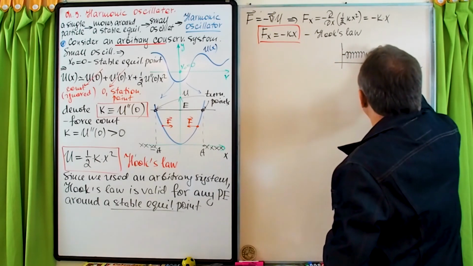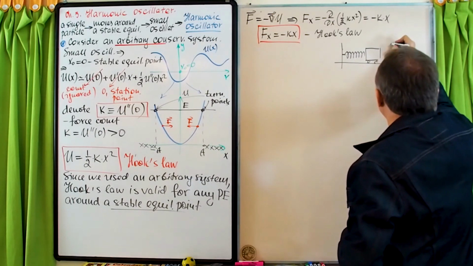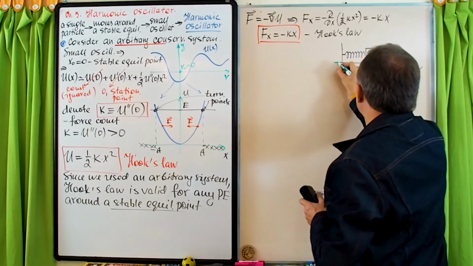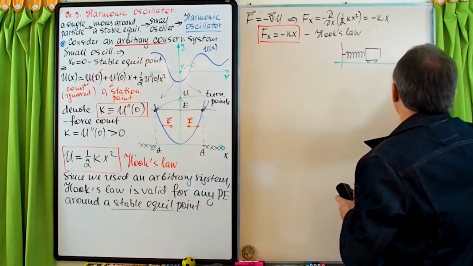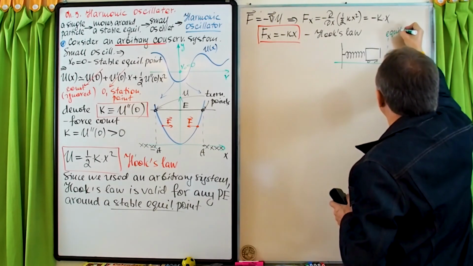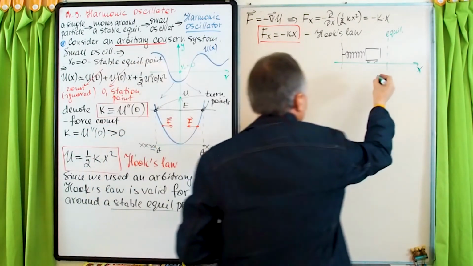First, it is compressed. Let's say this is equilibrium. So x, and over here it's an equilibrium point, so that is x equals 0.